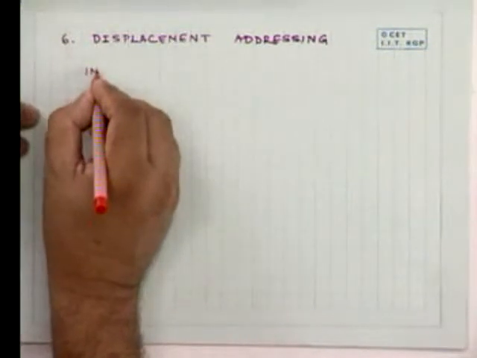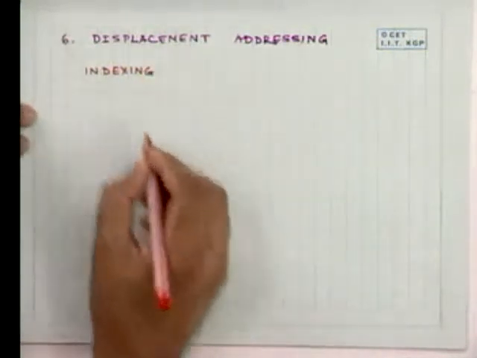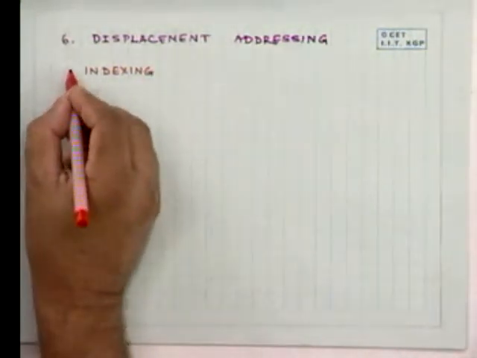In the case of displacement addressing, what happens is that with respect to some base, a displacement is specified, and the displacement has to be added to get the effective address. It can take various forms. Three very important forms are available and used in almost all computers. The first one of them is indexing, and sometimes we call it indexed addressing.